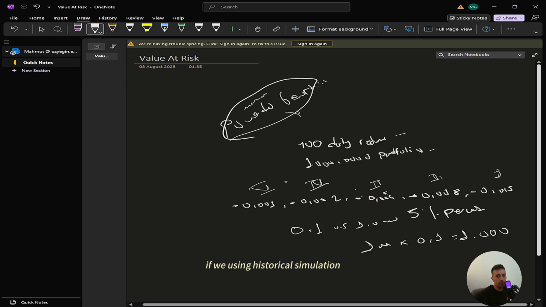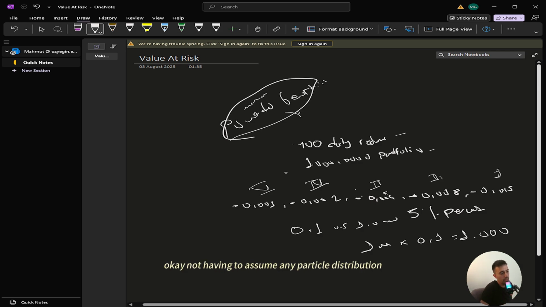And if we are using historical simulation, we do not have to assume any particular distribution. What does that mean? That means this is non-parametric, guys. We always have two different methodologies in value at risk. This is not a subtitle, this is a title: parametric and non-parametric, guys.